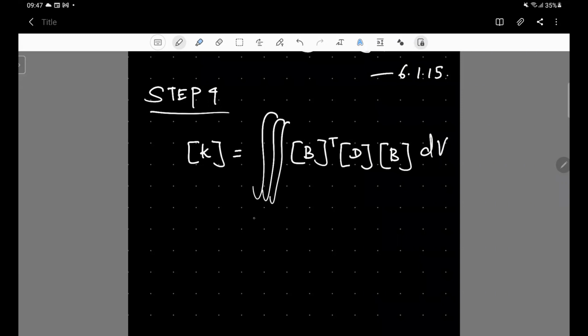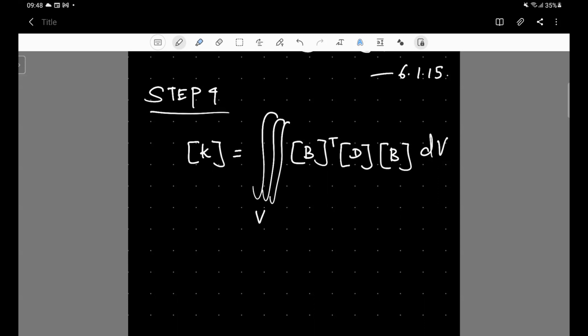It's a volume integral, which is quite hard to calculate by hand, of course. And the element stiffness matrix can be obtained by performing the integration. And here we have to perform the integration because this B matrix is a function of X and also Y, as it was given in the previous section.